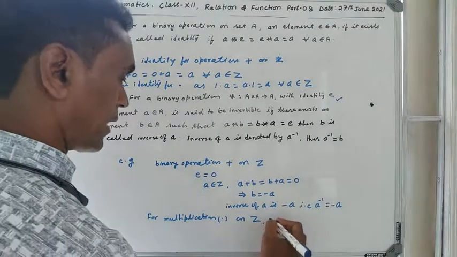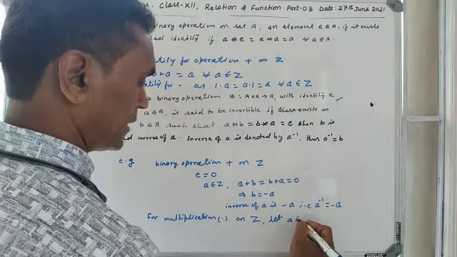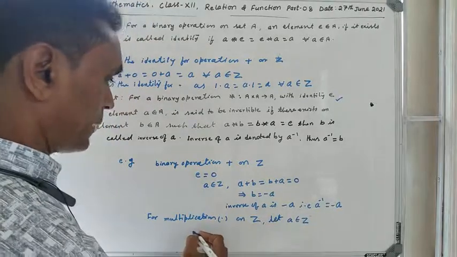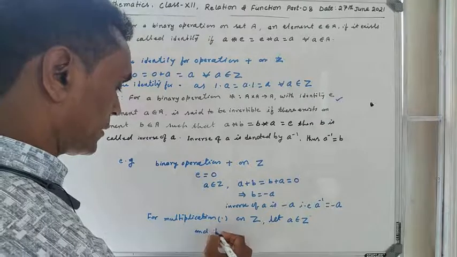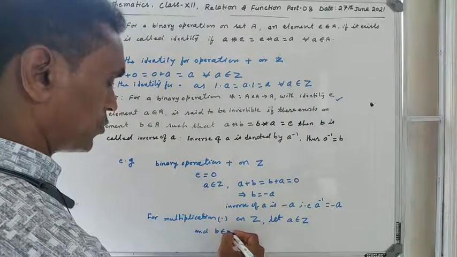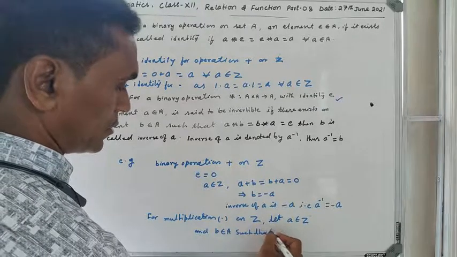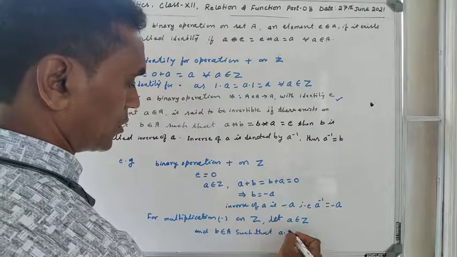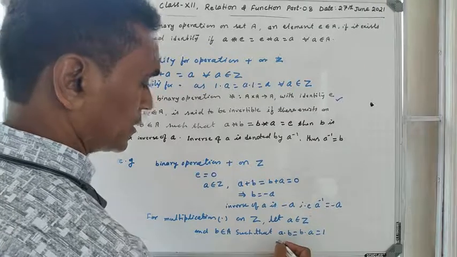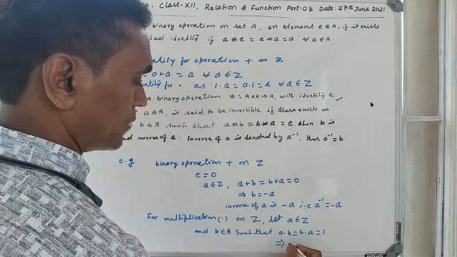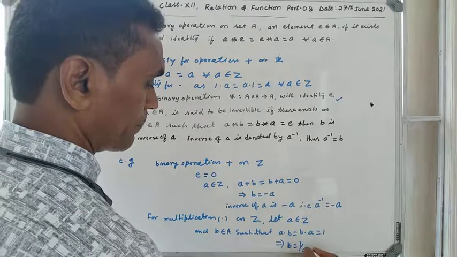Let a be any element in set Z, and b is the inverse of a, and b belongs to the set such that a dot b is equal to b dot a is equal to 1. From this we can get b is equal to 1 by a.